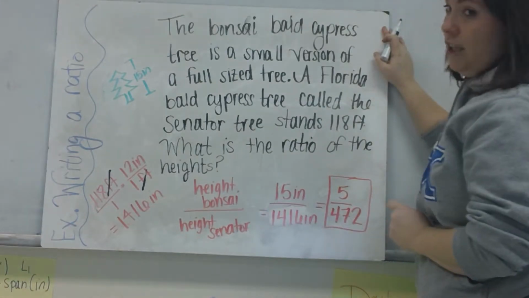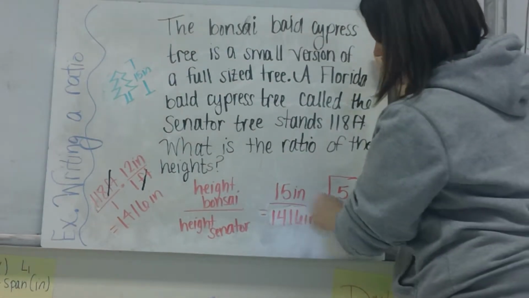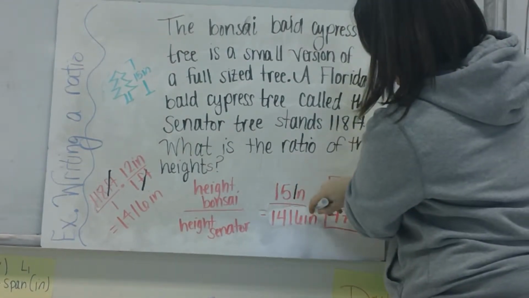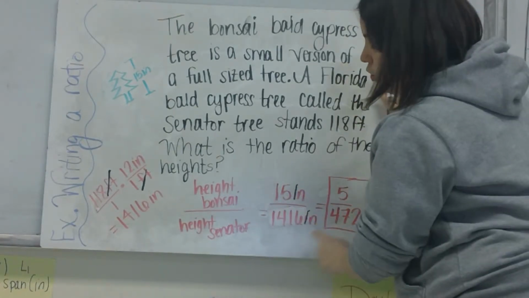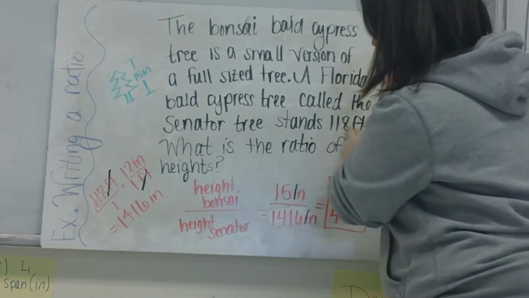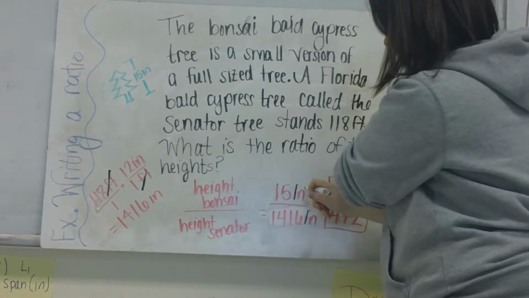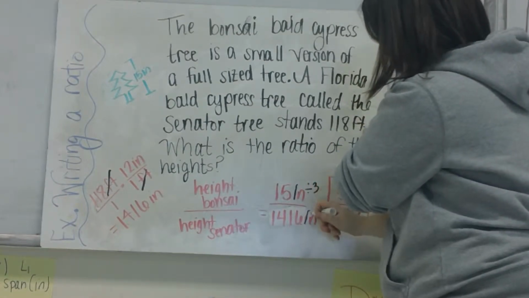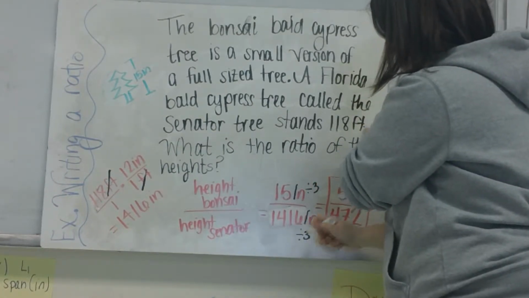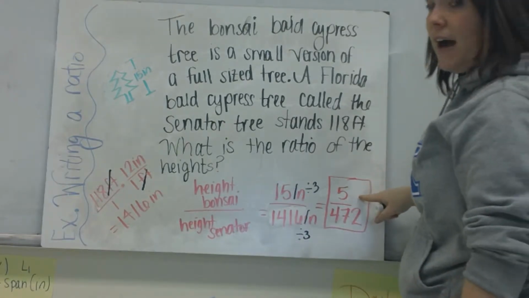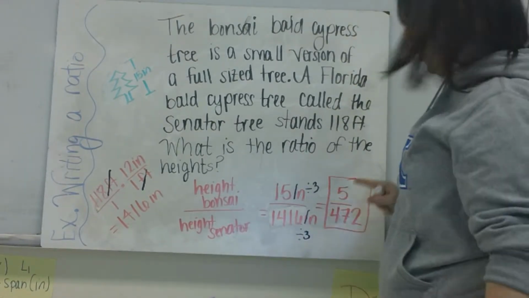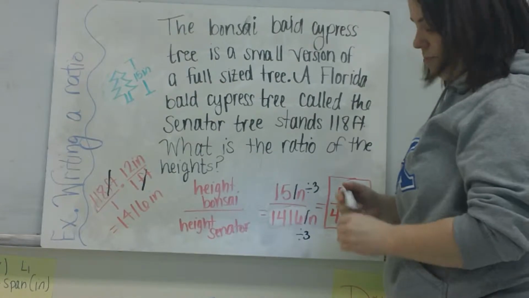My signature is 1,416 inches. My units of measurement cancel, and all you do is simplify this ratio. And because the highest number that can go into either one of them is 3, I'm dividing each by 3, and then my answer is 5 over 472. This is my ratio.